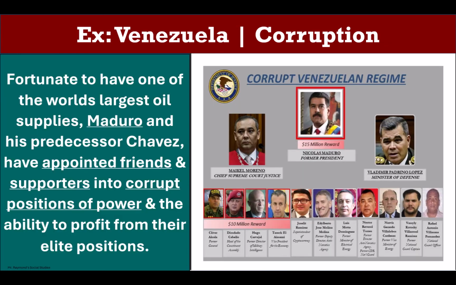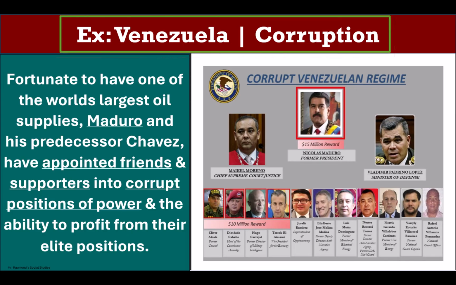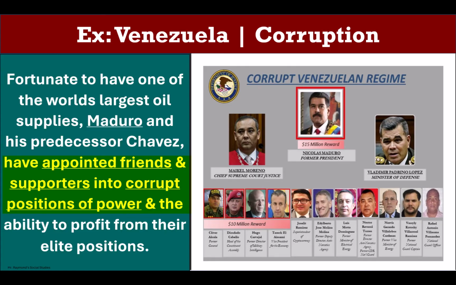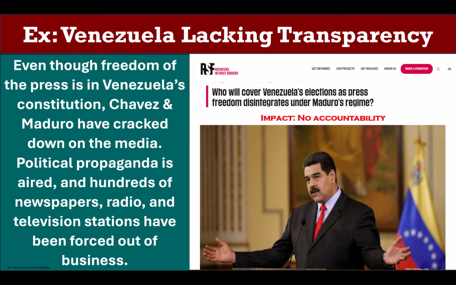Fortunate to have one of the world's largest oil supplies, Maduro and his predecessor Chavez have appointed friends and supporters into corrupt positions of power, demonstrating their ability to profit from their elite position. Even though freedom of the press is in Venezuela's constitution, President Chavez and now Maduro have cracked down on the media.